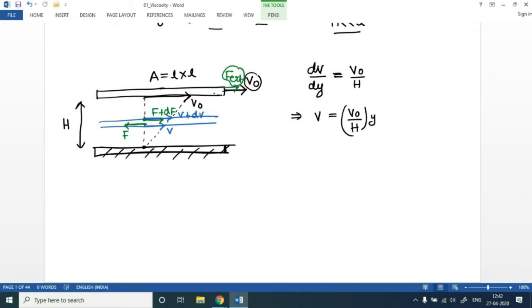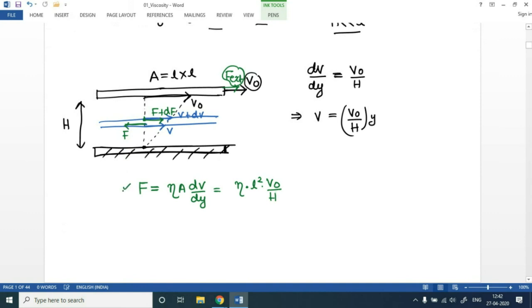So first of all, we must find out the magnitude of this viscous force. As we understand, F, the magnitude only we are writing, will be equal to eta times A times dV by dy, and dV by dy we have already found out. So it is eta times A, which is L square, times V naught by h. So this is the force.